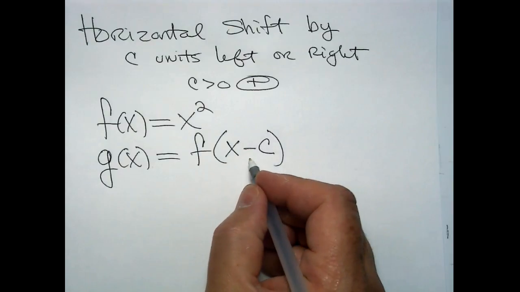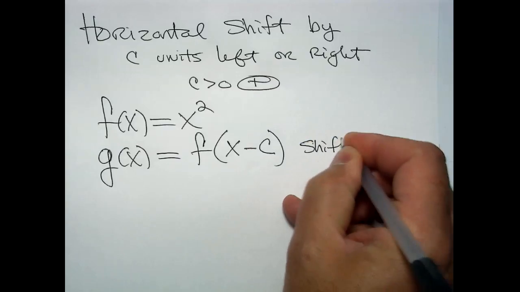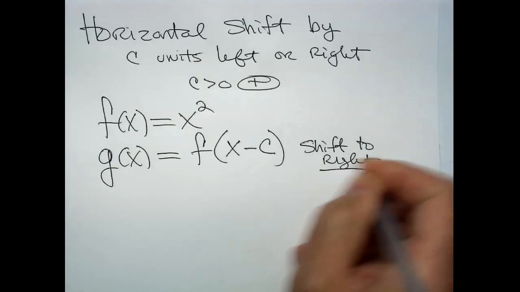And the thing about it is you see the minus sign and you would think minus, negative, and you're probably going to think negative means over to the left. That's the negative portion of the x-axis. Actually it works opposite of that. So x minus C is actually a shift to the right.